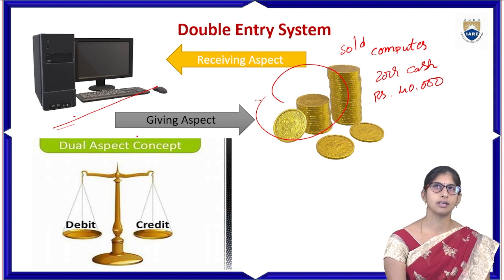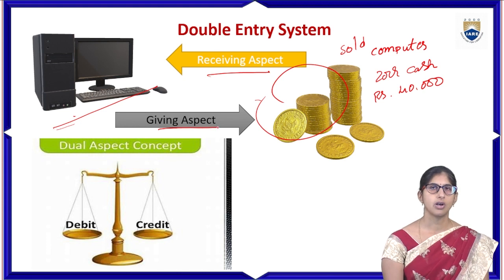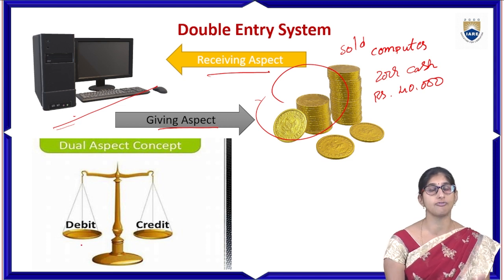That is, one receiving aspect and the other one giving aspect. So for every transaction, we will have a twofold effect. As I discussed in the previous session, the dual aspect concept: the receiving aspect is called debit, and the giving aspect is credit.